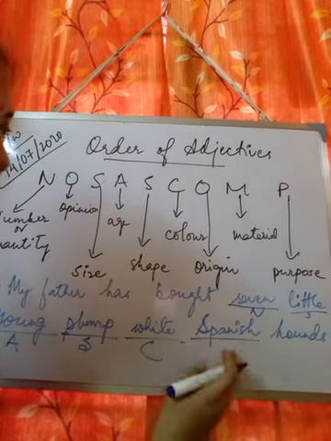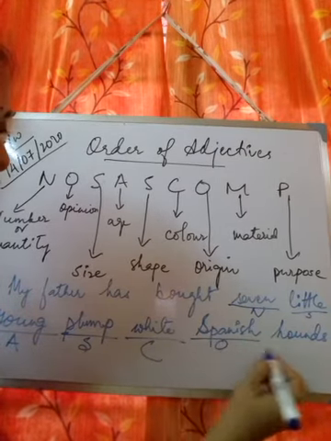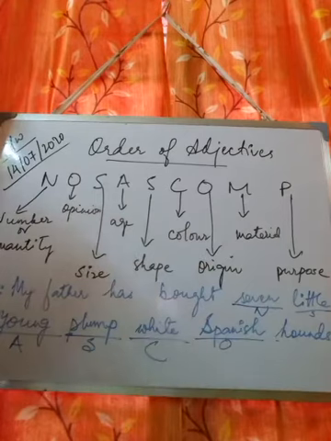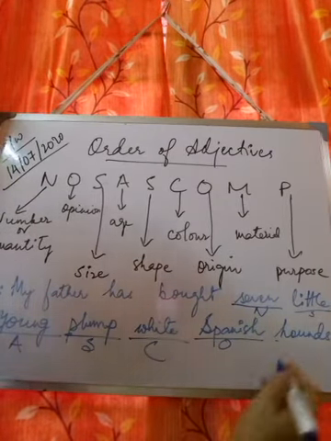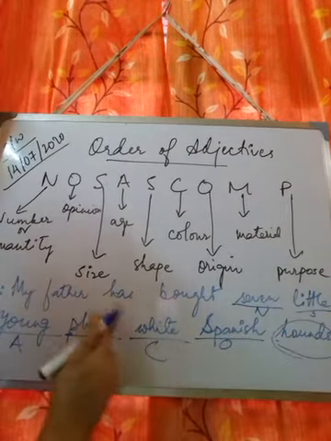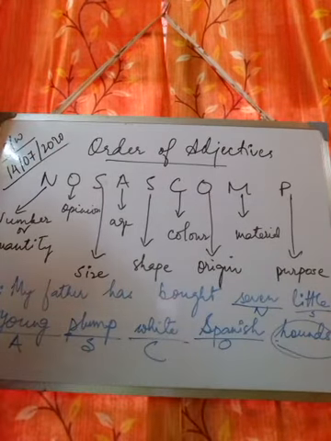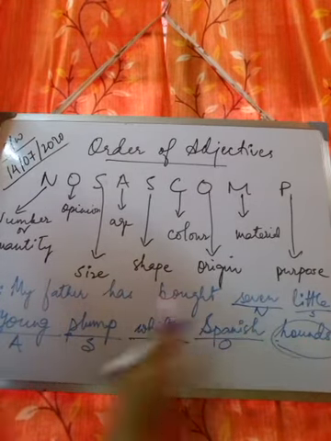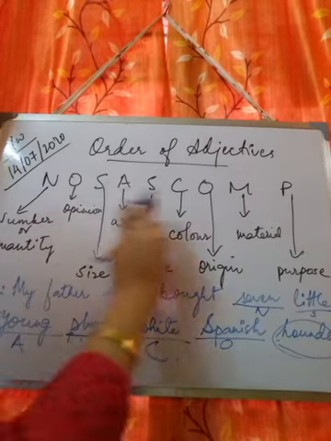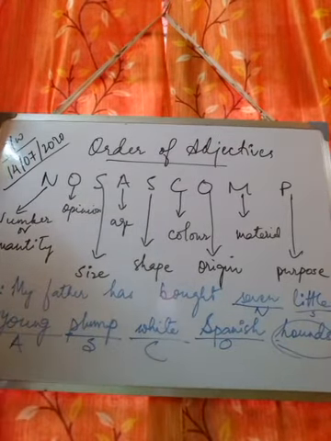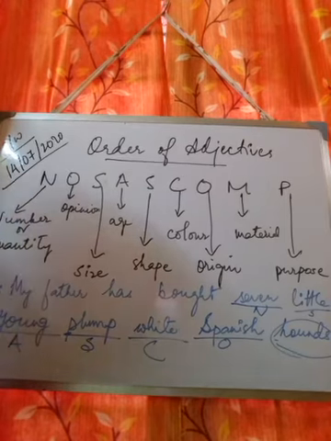What is Spanish? Origin. Hound. Hound is the noun here. This is the noun which has been described by the use of 6 adjectives, and we have arranged all these adjectives in the order of NOSE SCOMP in order to fit this right in a grammatically correct sentence.